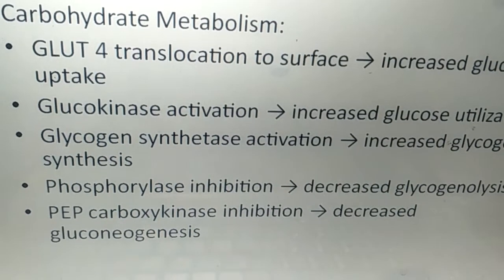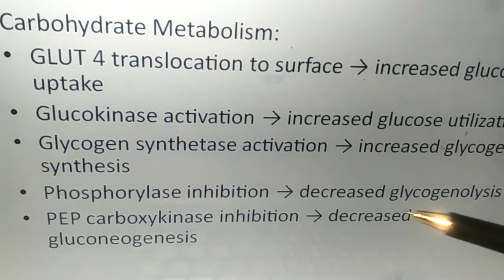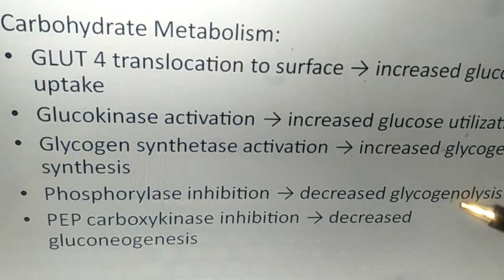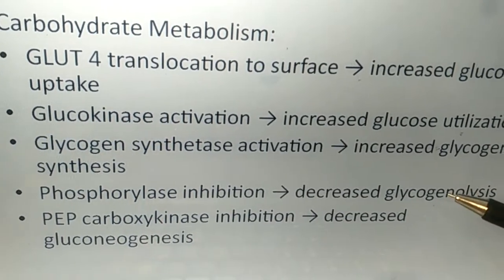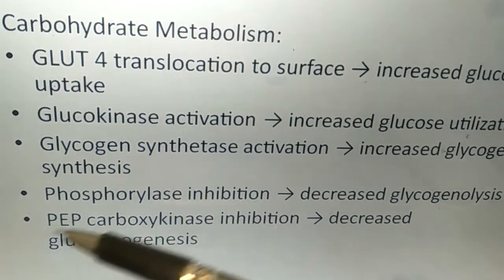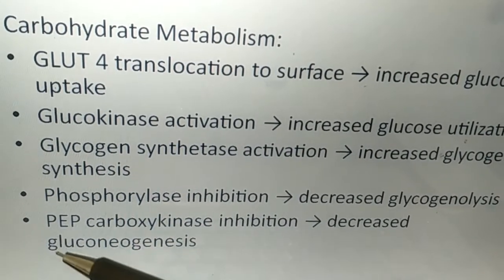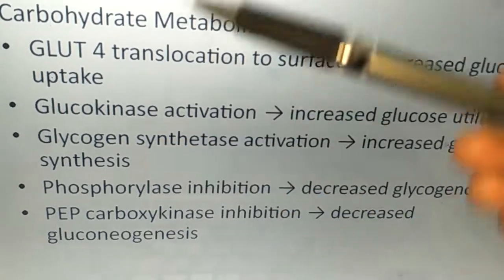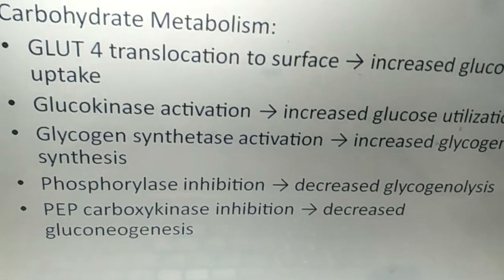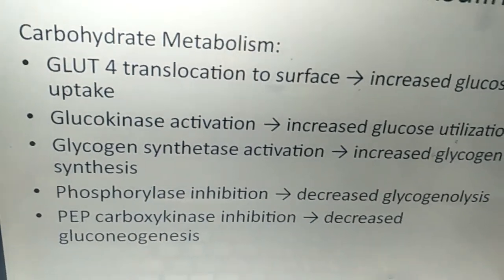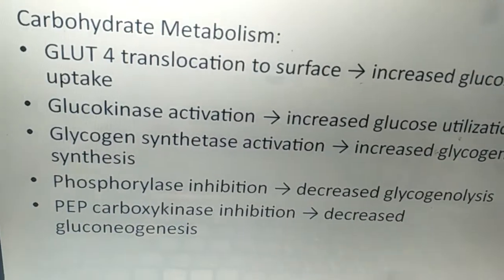Whatever has already been deposited as glycogen is not being broken down, so less supply of glucose from this source, and less new glucose is being synthesized from non-carbohydrate sources. So all these actions contribute to reduced blood glucose levels.